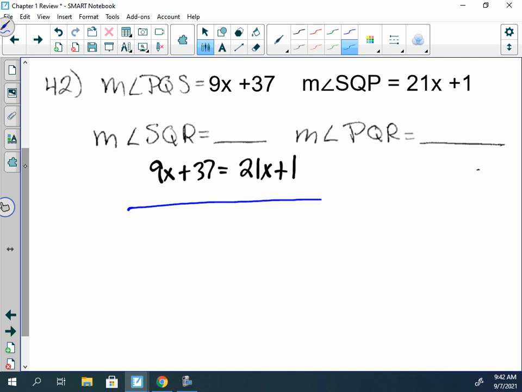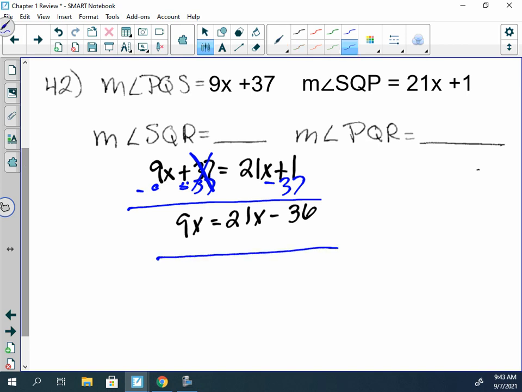So what can we do first? Yeah, we can subtract 37. 37 minus 37 would cancel out, leaving us with 9x minus 36 equals 21x. Almost.